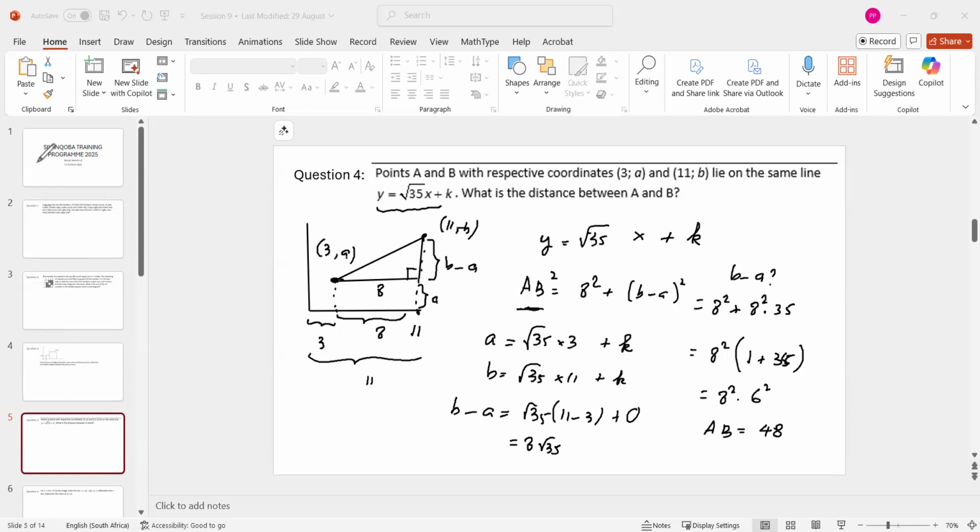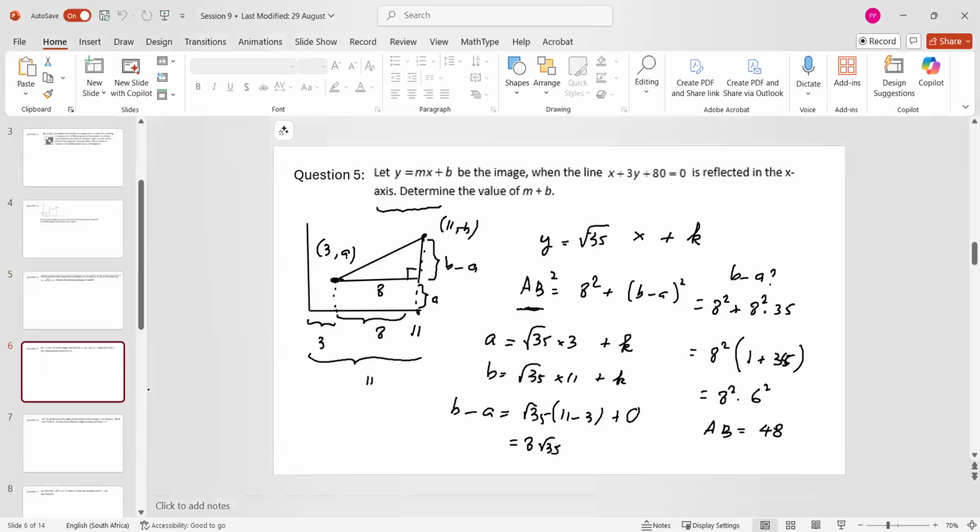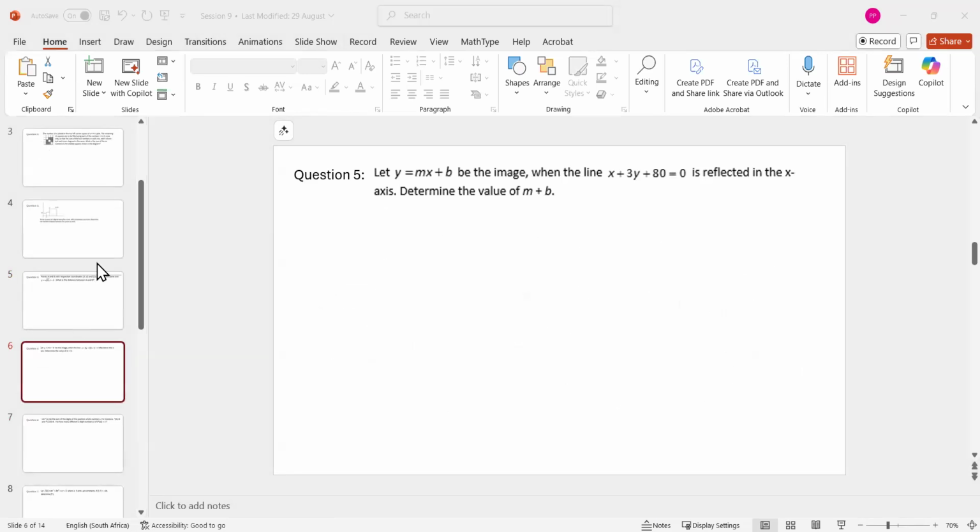All right, so we get on to the next problem. All this will help you in your exams, because this is largely high school mathematics that we are doing here, which is quite nice.